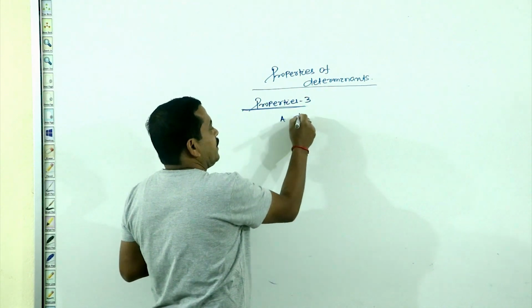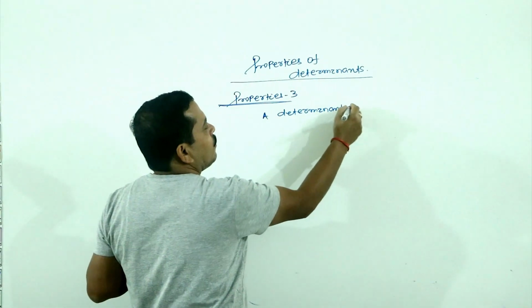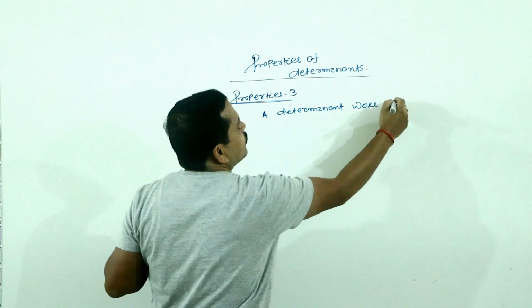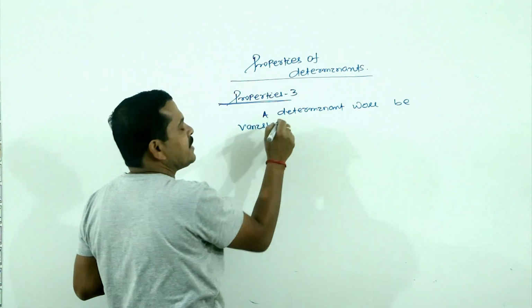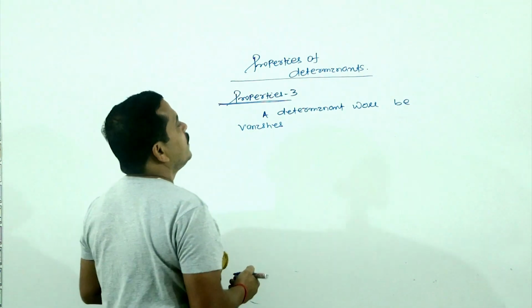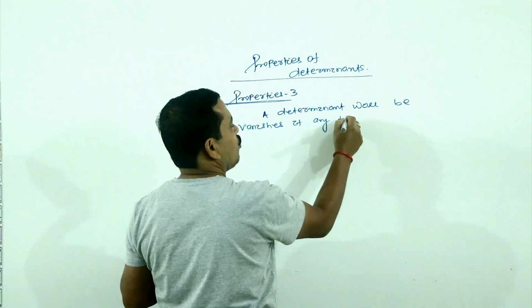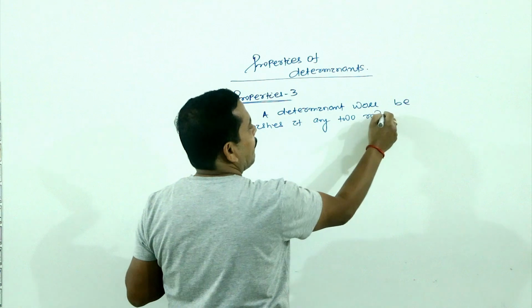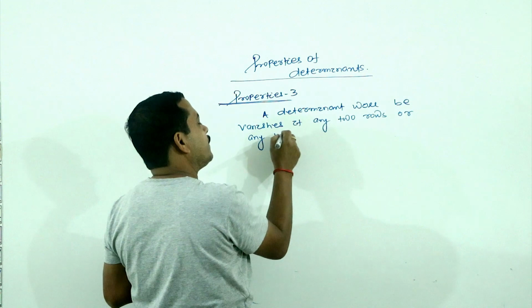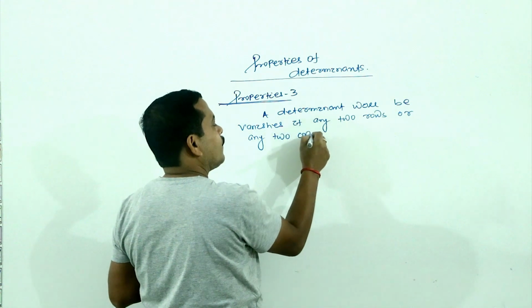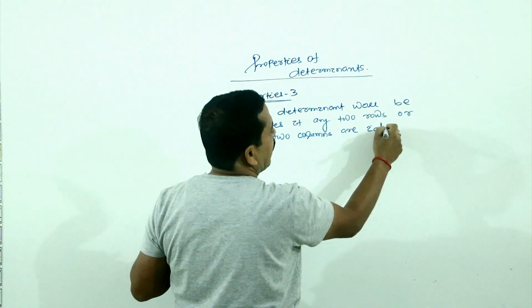A determinant vanishes, means will become 0, if any two rows or any two columns are identical.